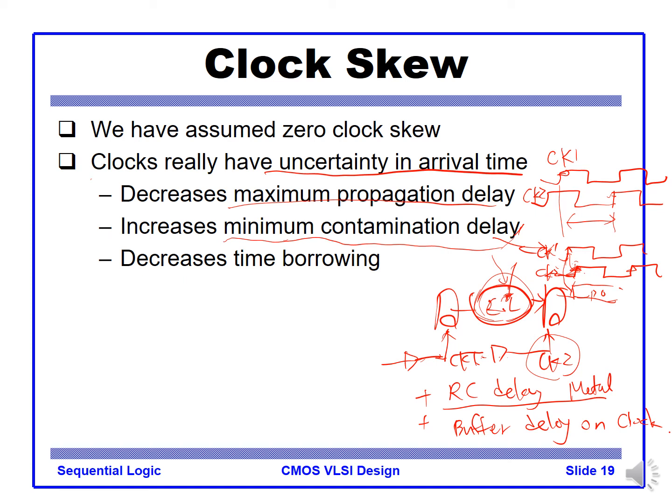This will make a false operation. So you require more contamination delay, more delay from clock 1 to data out. This requires more contamination delay on the combinational logic, right? In latch systems, it may reduce the time borrowing. So clock skew is very critical and it is important to make it small.